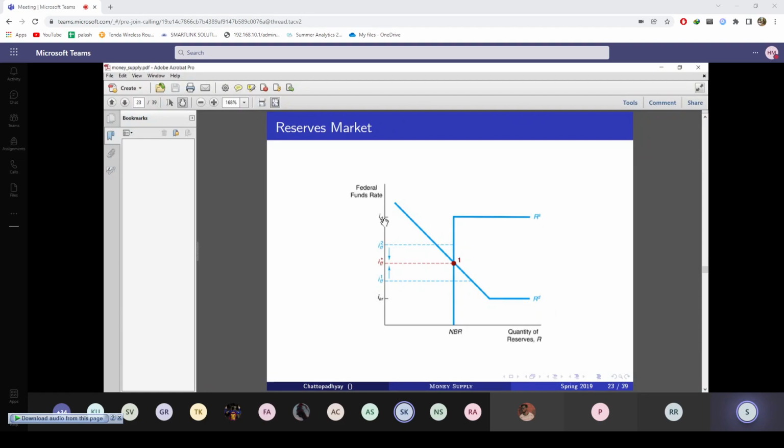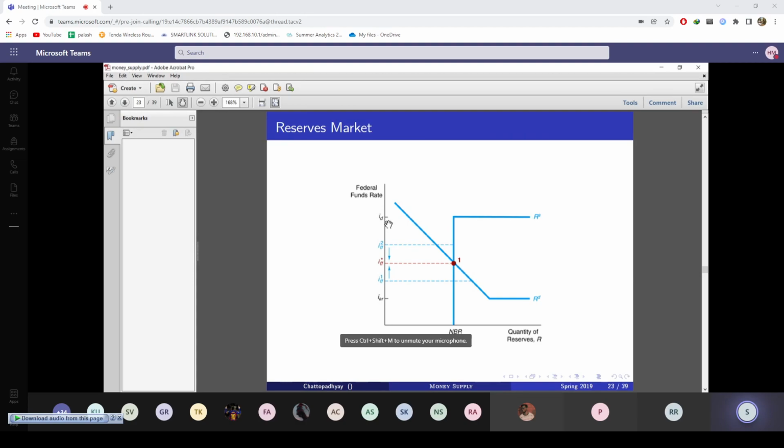You say, no, the market interest rate is 5%. You go and offer 5% to the central bank, it is not going to lend anything to you. So when your market interest rate is below ID, you cannot borrow anything from the central bank. But when the market clearing interest rate is at ID, you can borrow an infinite amount from the central bank.